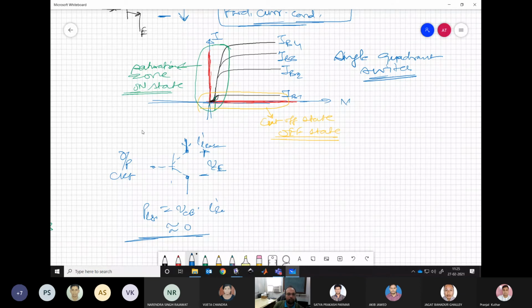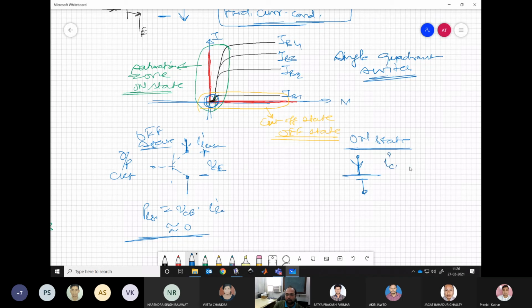Whereas if we go for the on state, we will see that there is some drop. That's what we are able to see over here. So primarily the device in saturation state depicts a voltage drop in the forward conduction direction.